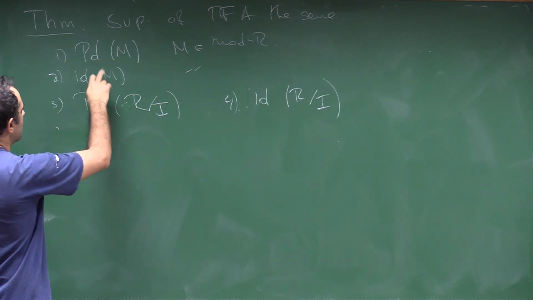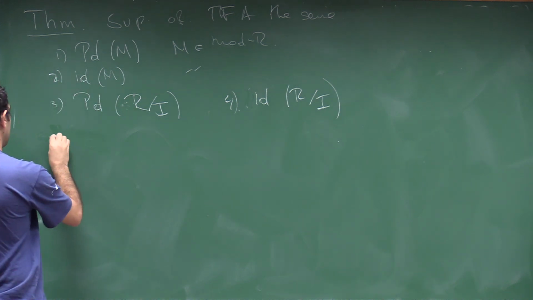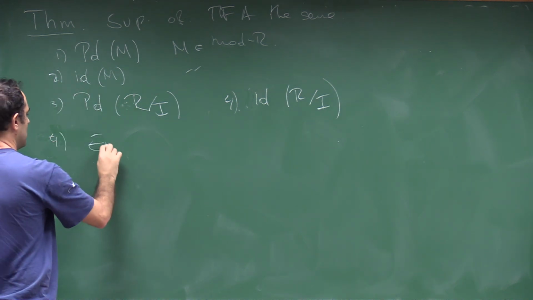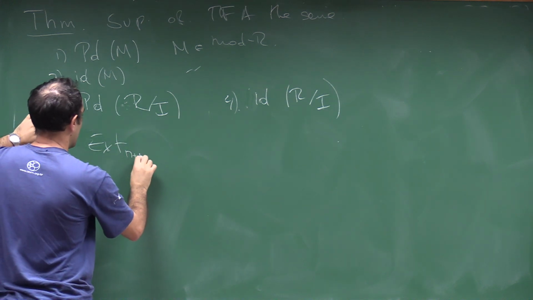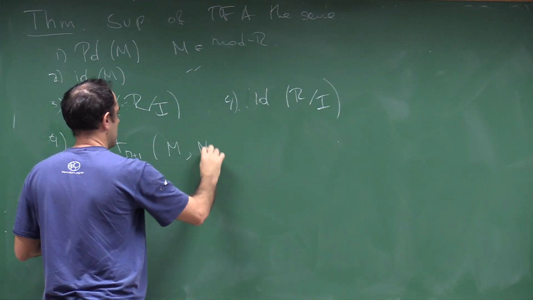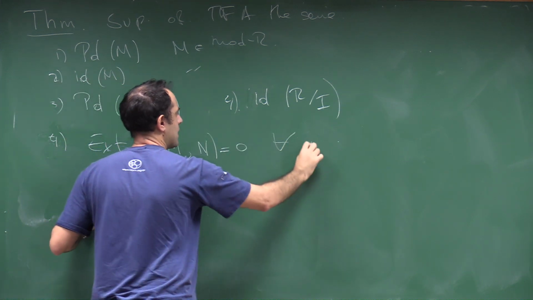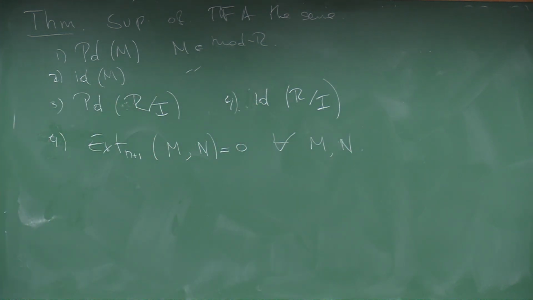I claim that if any of these is less or equal than n, then Ext^(n+1)(M, N) is equal to 0 for every M, N. Okay, so that's what we wanted to prove.